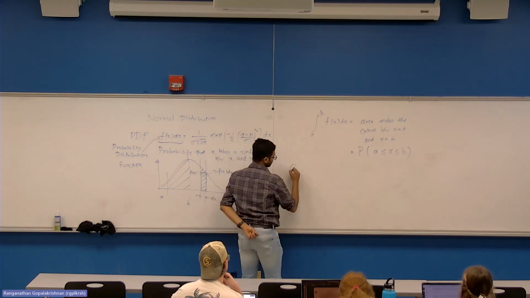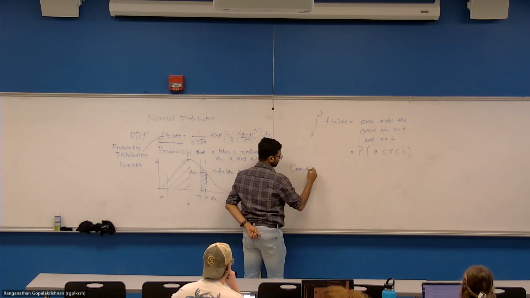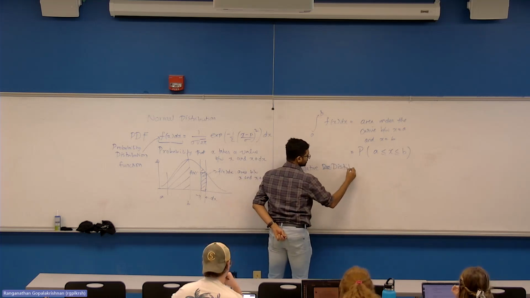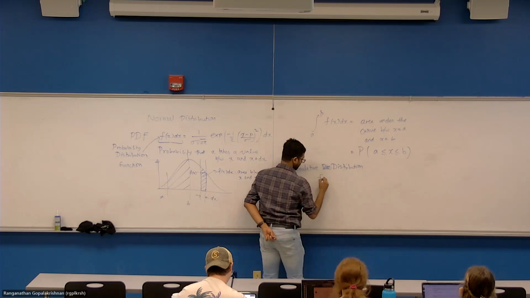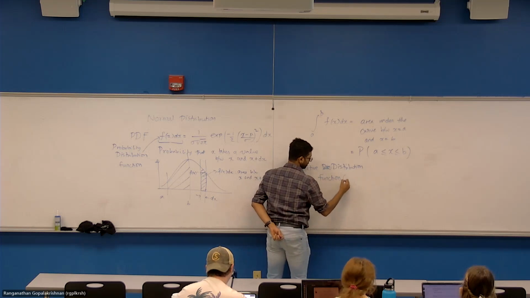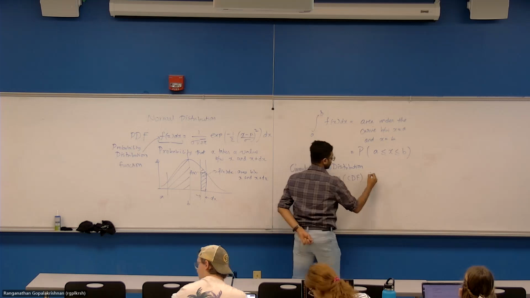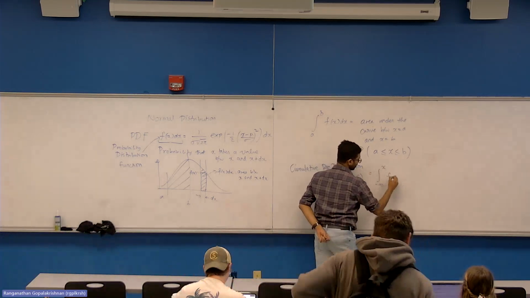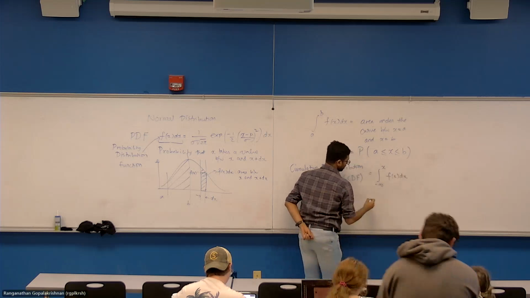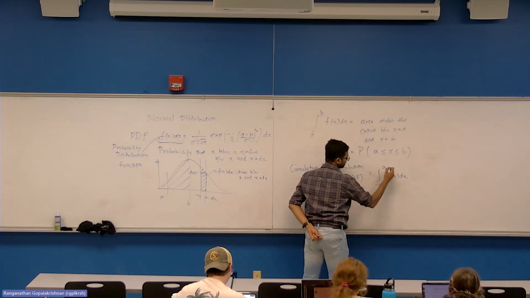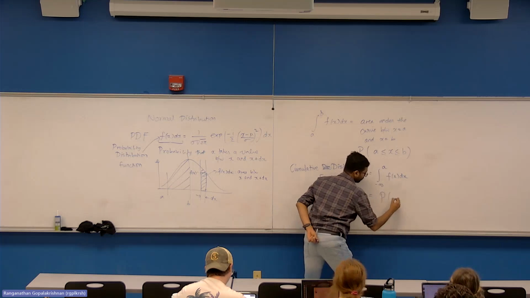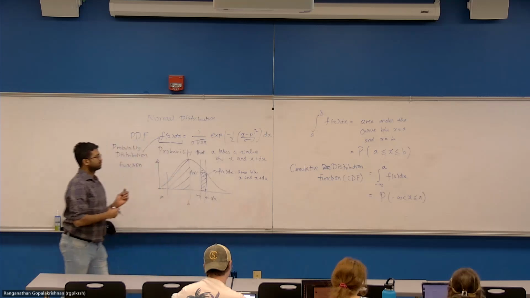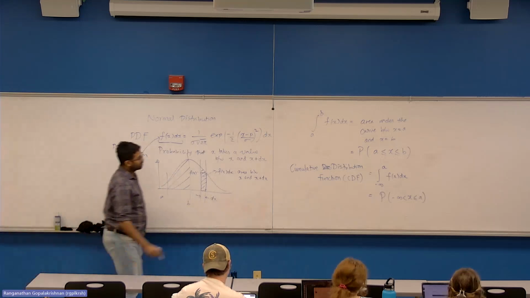And we also saw what is called the cumulative distribution function, CDF, which is the integral from minus infinity to x of f of x dx. Minus infinity to a, let's say. This is the probability of x being between minus infinity and a.